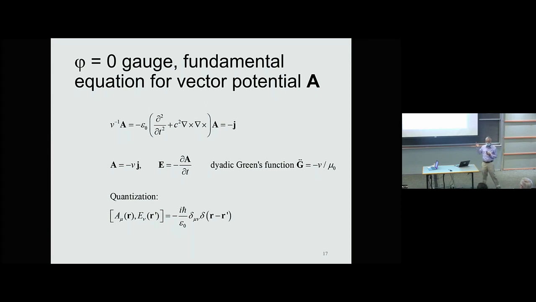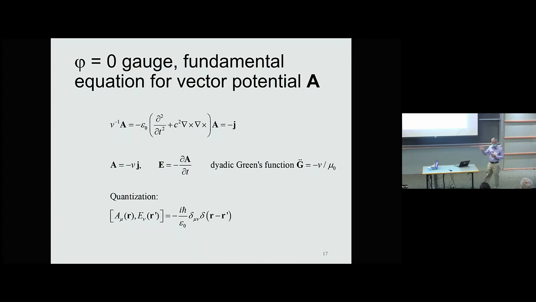The reason is that the transverse gauge is easy to quantize, and this gauge is not so easy to quantize. The equation that relates the current to A doesn't have Coulomb's law. Coulomb's law does not appear here. So when you quantize it, Coulomb's law has to be enforced. This enforcement causes little technical problems, but from an energy point of view, it seems to be okay.